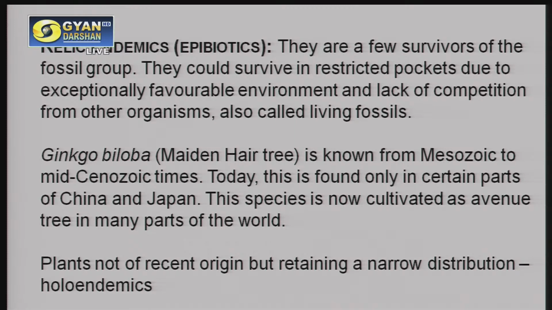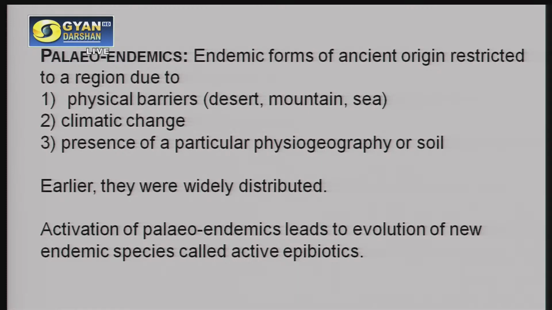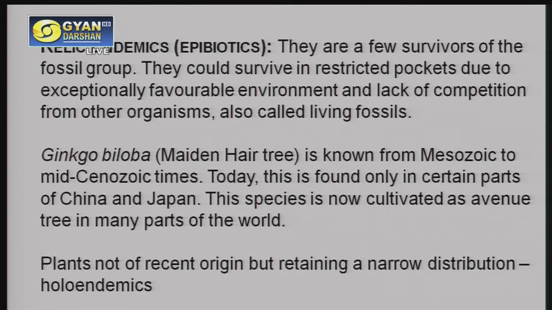So in short, relic endemics or epibiotics means plants which are not of recent origin but retaining a narrow distribution. They are similar to paleoendemics, but you have to remember that relic endemics or epibiotics mostly include the living fossils, that is, their contemporary members are no more on this earth.